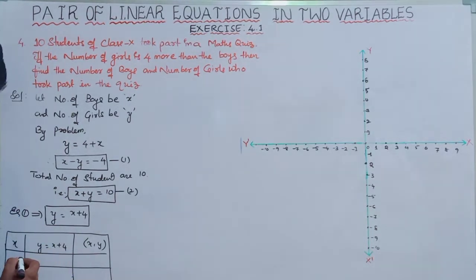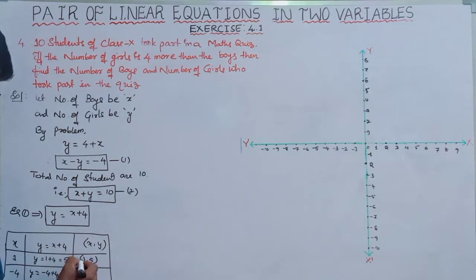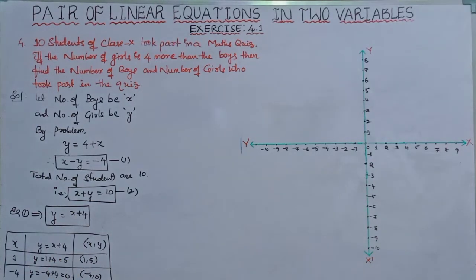If x equals 1, y equals 1 plus 4 equals 5. If x equals minus 4, y equals minus 4 plus 4 equals 0. So the first point is 1 comma 5, the second point is minus 4 comma 0. These 2 points are plotted on the graph sheet.